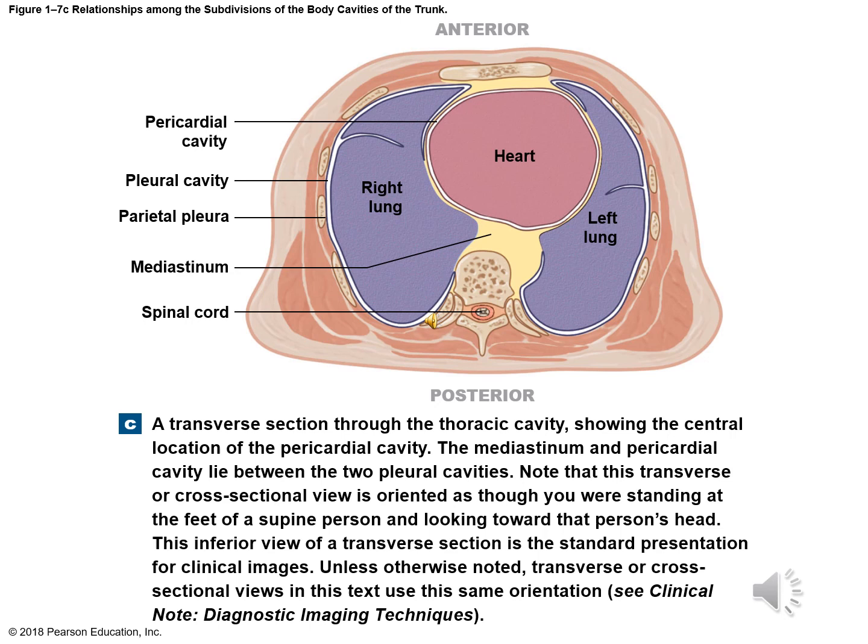This is going to be a division between the pleural cavities, and this area between the two lung cavities is going to contain the pericardial cavity with the heart in it, as well as running through this area will be found the esophagus, the trachea, and the thymus.